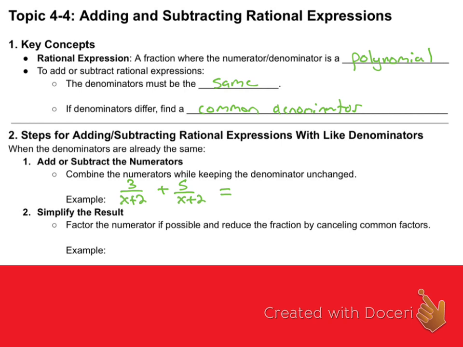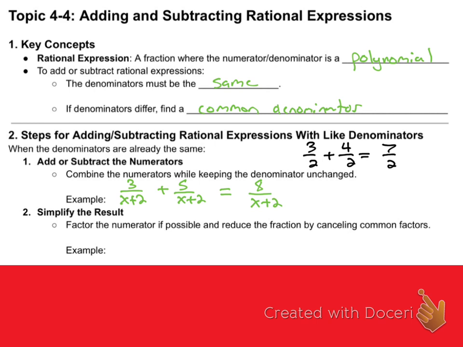They both have a denominator of x plus 2. So we can just add the numerators. That would be 8 over x plus 2. All right, same concept as if you were adding fractions. If we had 3 halves plus 4 halves, that would be 7 halves, right?